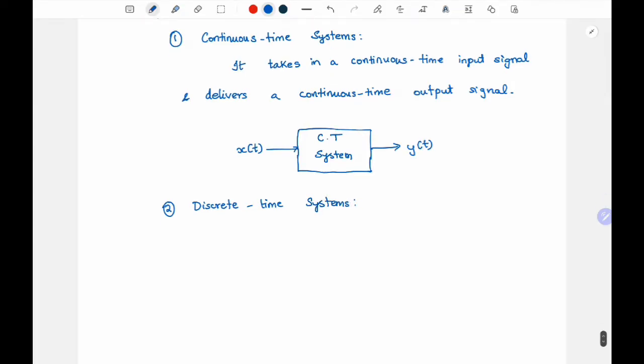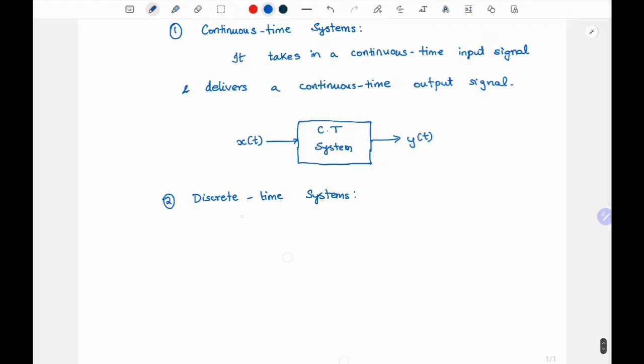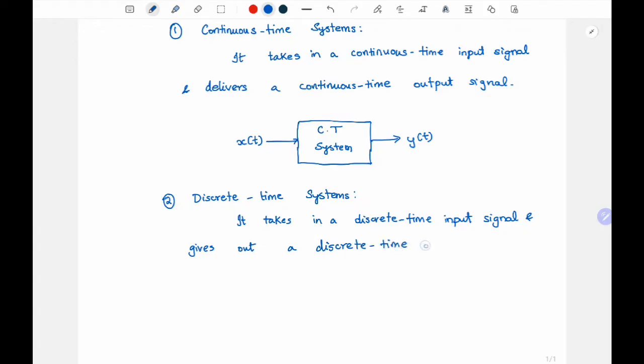Again, this takes in a discrete time input signal and gives out a discrete time output signal.